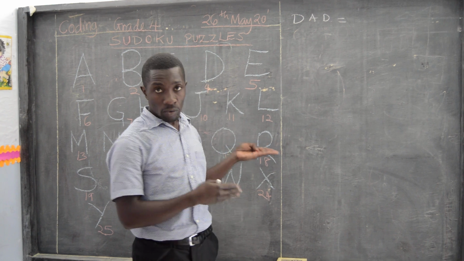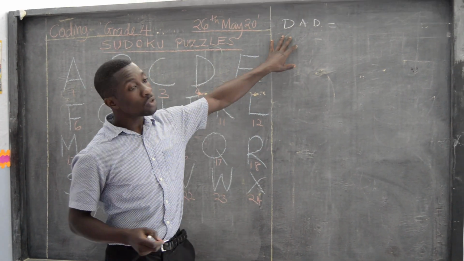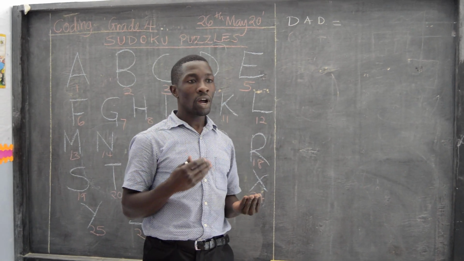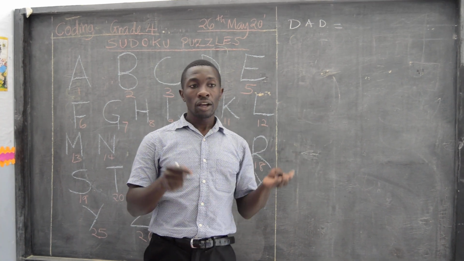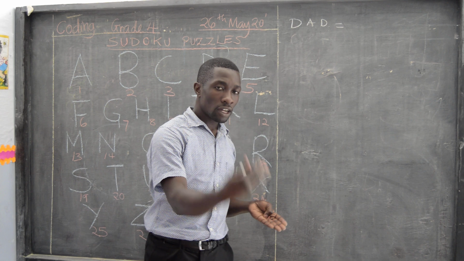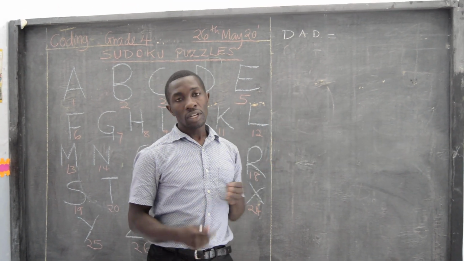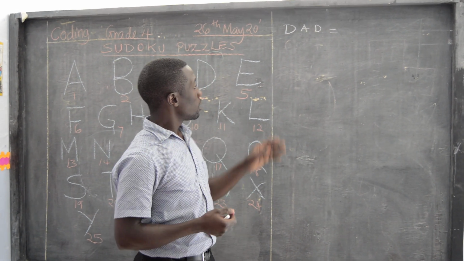Now this is the same way that you're going to do, that is coding. So what we're going to do, we're going to code some words and understand how to interpret or how to decode them. I said coding is giving instruction, and to decode is how to interpret that instruction that you've given.